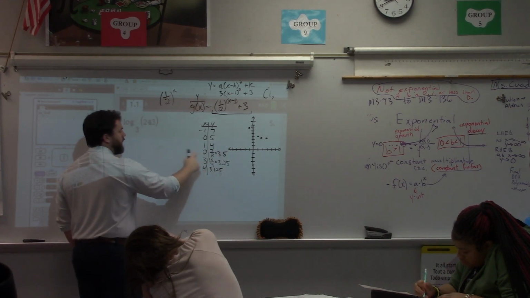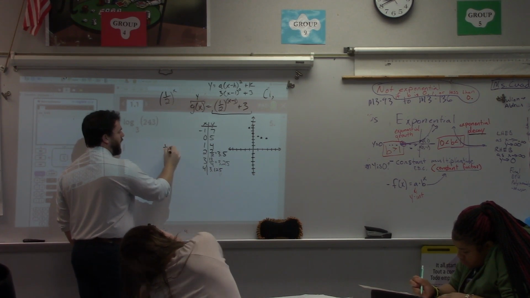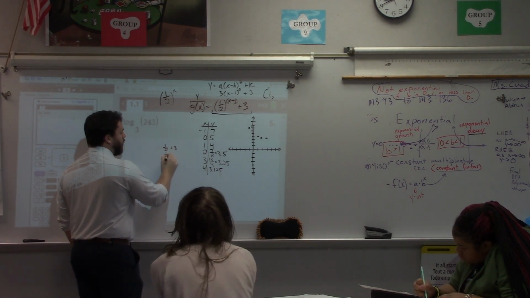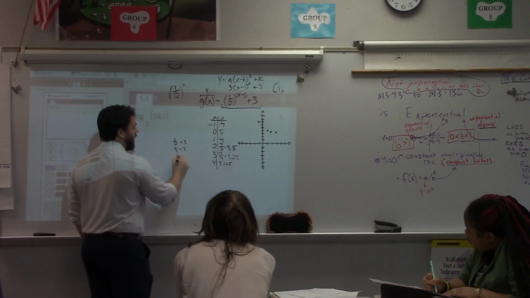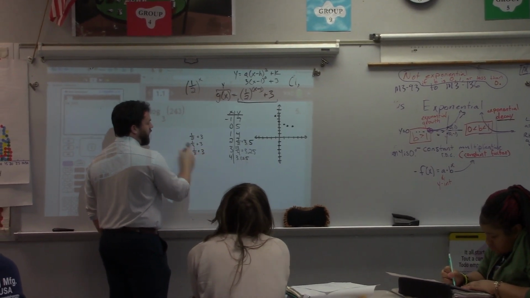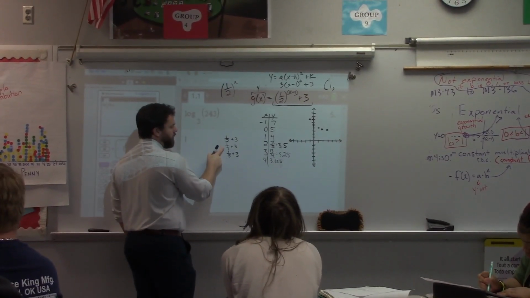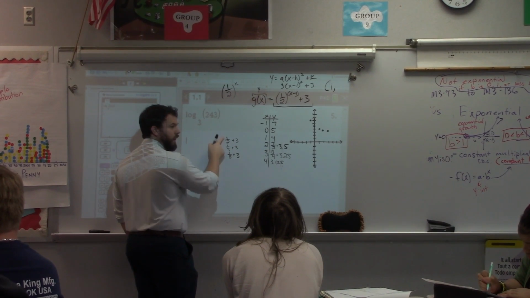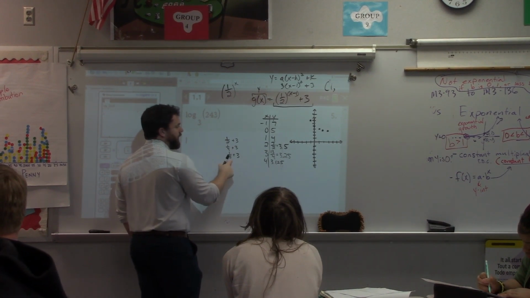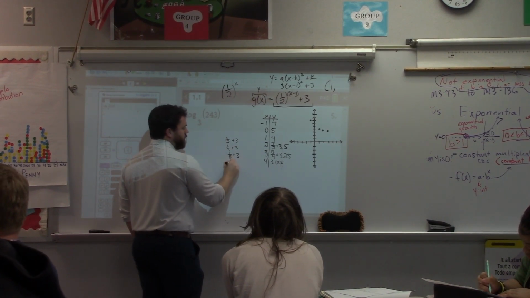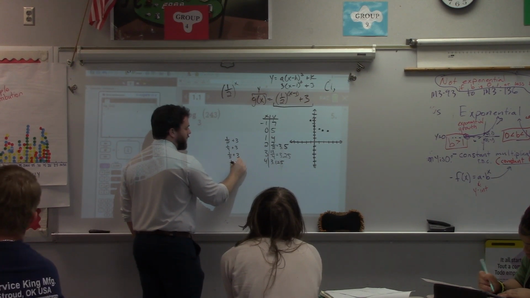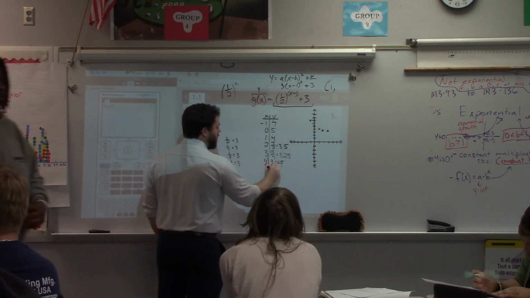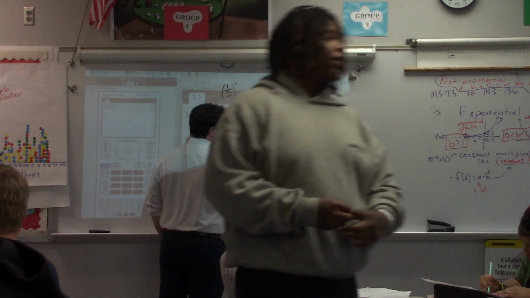What I know is the pattern of this is a 1/2 plus 3, a 1/4 plus 3, a 1/8 plus 3, because what am I repeatedly doing? Multiplying by 1/2, right? And then adding 3 to it. And so I'm just getting that decimal. Notice I keep it going.